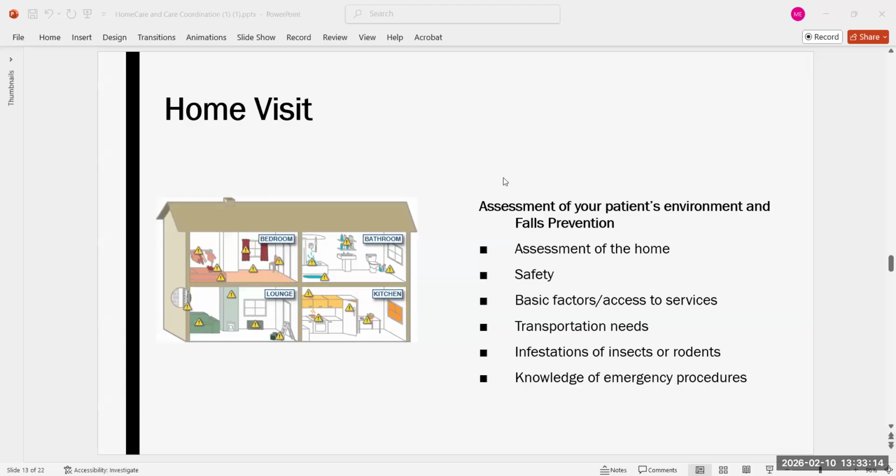So safety is of great priority and concern when performing a home visit. So assess your patient's environment and the risk of falls, and what you can do to prevent falls.